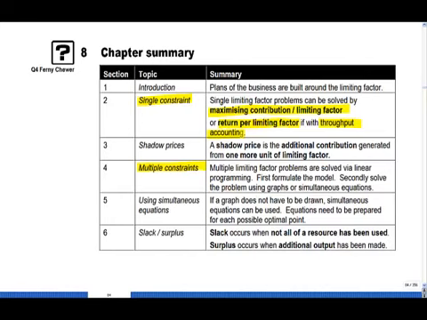Another thing you could be asked to calculate is your shadow price. Remember, your shadow price is the additional contribution that you get if you have one more unit of limiting factor. So on a single limiting factor scenario, you can take the contribution per limiting factor you already worked out.